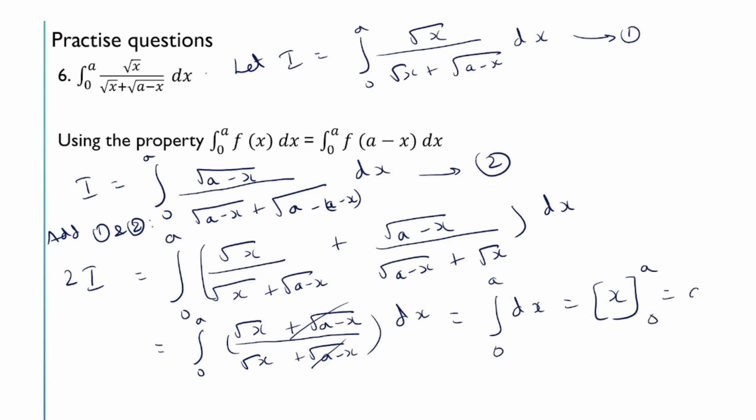So this is equal to a. We got 2I is equal to a. So from this we get I is equal to a by 2. I is nothing but the given definite integral. So we used this property and we were able to find this integral very easily.